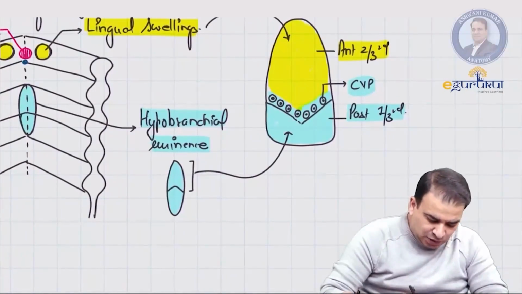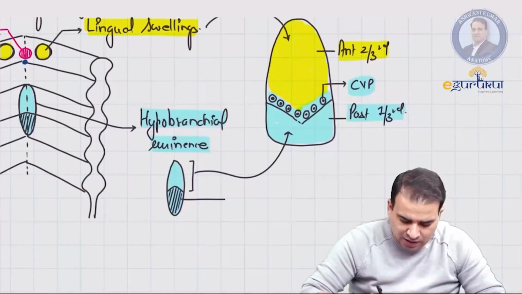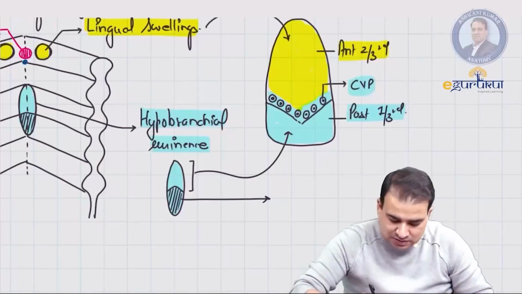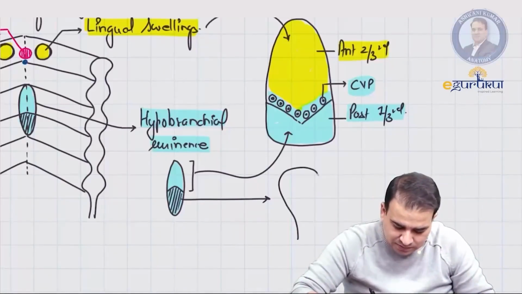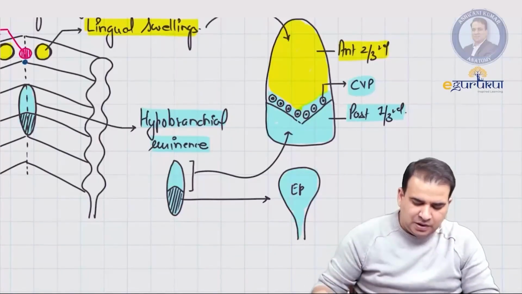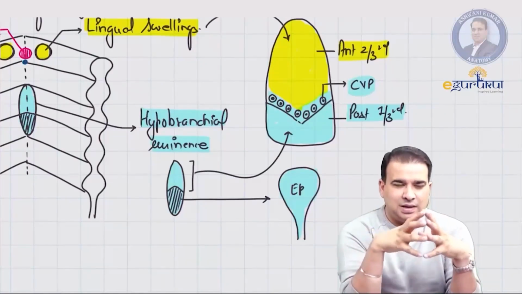And then finally, guys, what about this remaining part, the caudal part? This caudal part of the hypobranchial eminence will give rise to what? Now again, think about it. What is behind the tongue? Just behind the tongue is what? Epiglottis. So the epiglottis is derived from this caudal part of the hypobranchial eminence, which makes sense in a way as well.